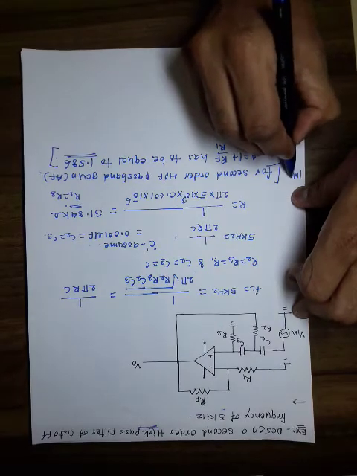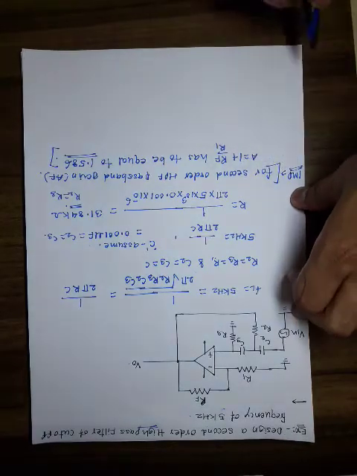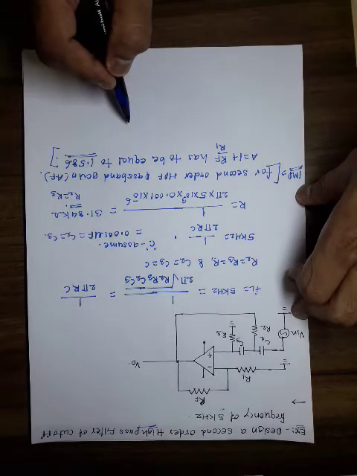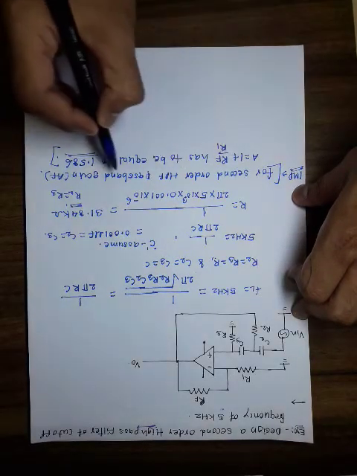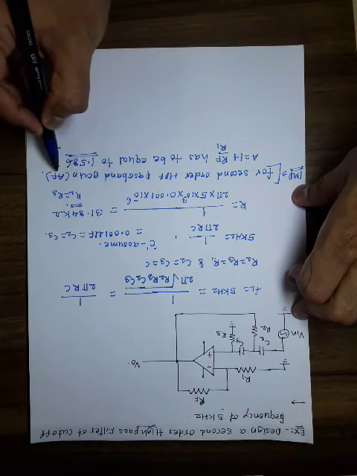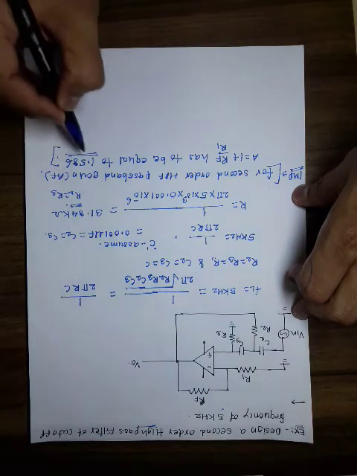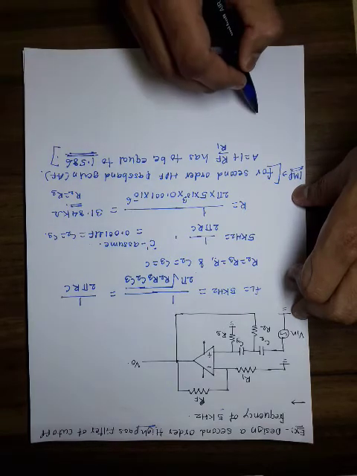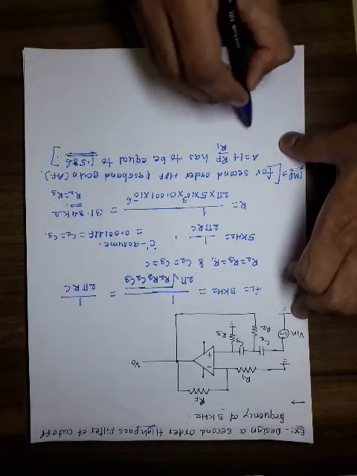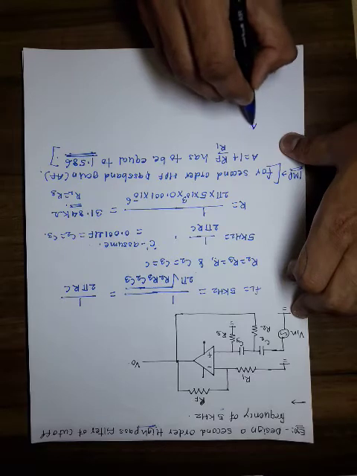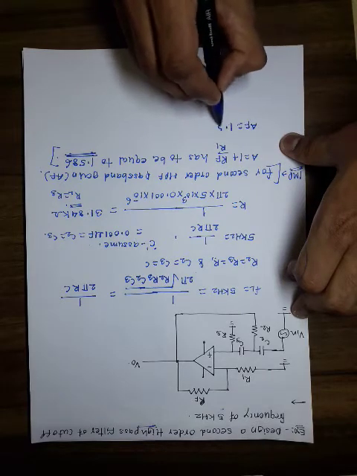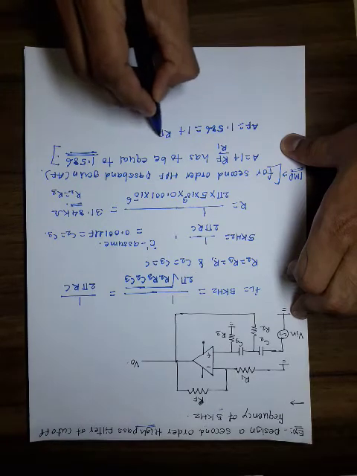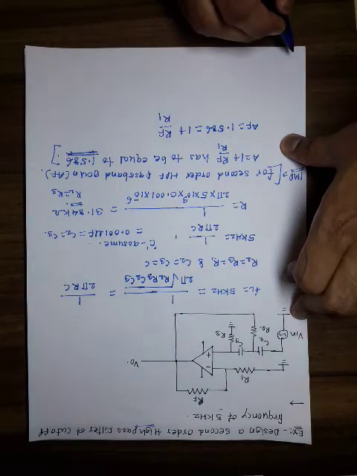This is important. This is the only difference between the second order high pass filter and the second order low pass filter. For a second order high pass filter, the passband gain AF equals 1.586. So the relation is AF equals 1.586 equals 1 plus RF upon R1.